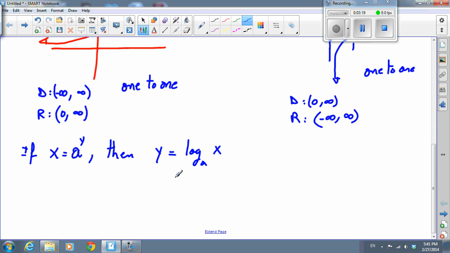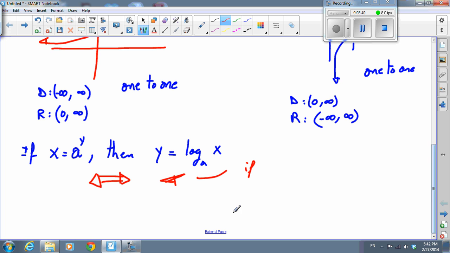Both ways work. So I can go this way and also say if, going back this way, y is equal to log base a of x, then x is equal to a to the power of y. Instead of then, I could have just put the equivalent symbol in between them.